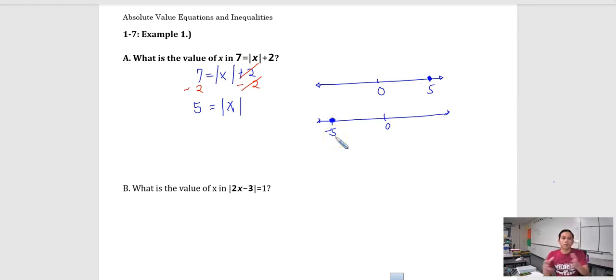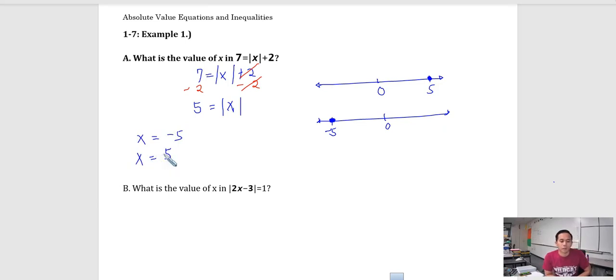So there are two answers here. It can be going to the positive side or the negative side, depending on the distance. So the solution is x is equal to negative 5 and x is equal to positive 5.